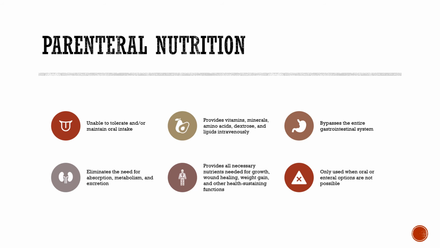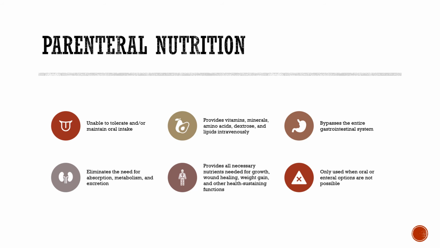It's not nearly as common in my experience. If it's ordered that way, we'll call it PPN, which is peripheral total parenteral nutrition. And that would only be used if it were going to be really short term, and there are some criteria that has to be met for a patient to receive it through a peripheral vein.